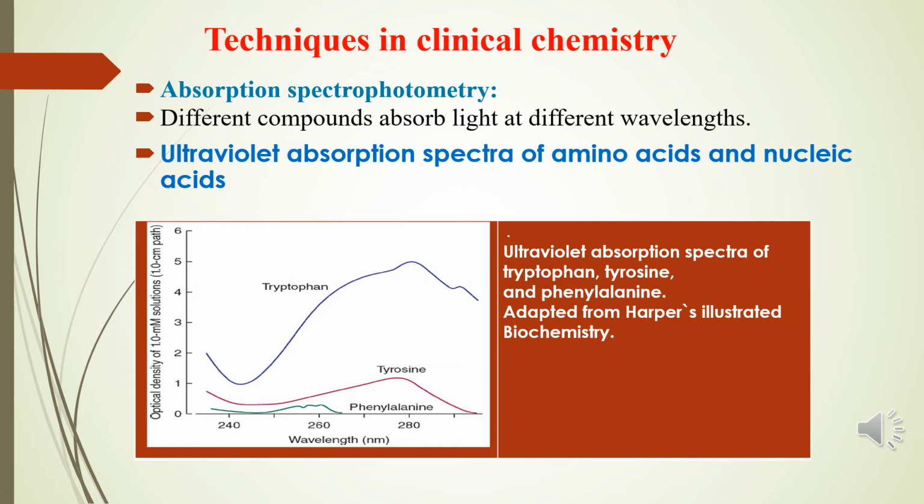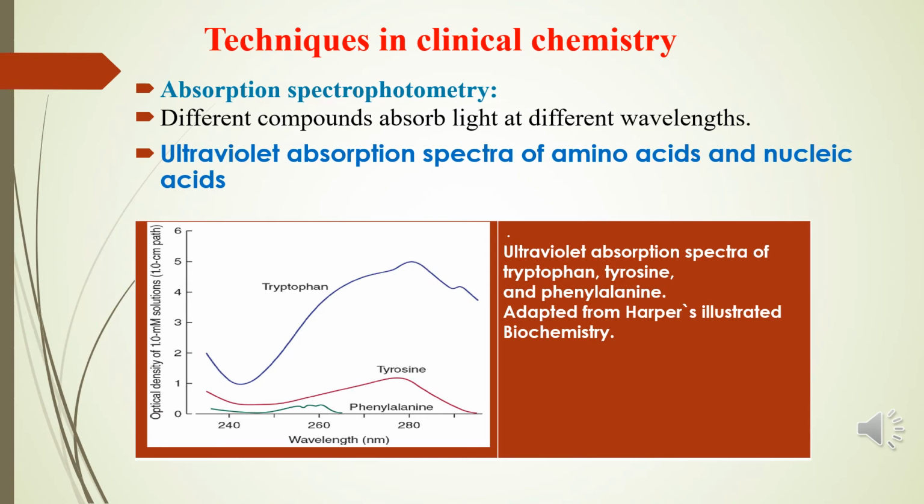And as mentioned before, compounds having aromatic rings, such as the amino acids phenylalanine and tryptophan, can absorb the ultraviolet rays, and this absorption can be used for the measurement of their presence and their concentration.